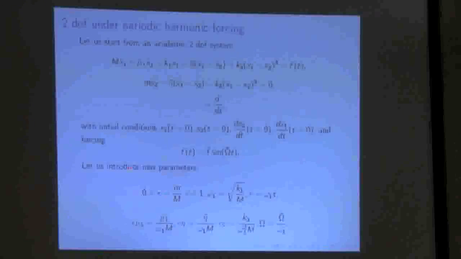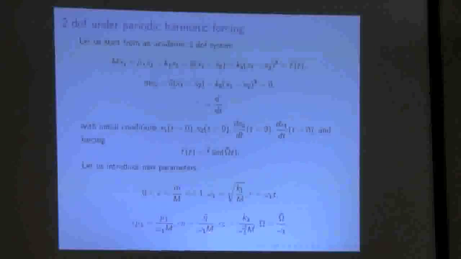Then we introduce again new parameters. The main one is the ratio of mass, that is considered to be small. I introduced omega 1, that is eigenfrequency of first oscillator, and I introduce some parameters, mu1, depending on mu1 tilde, simply to say that it will be small parameter, it is damping, it is classical.